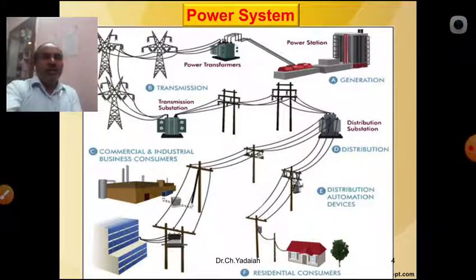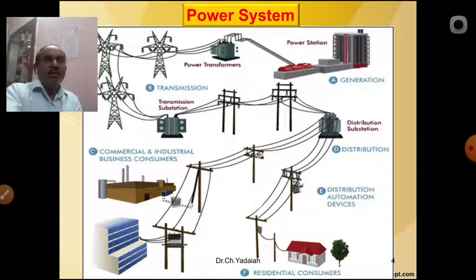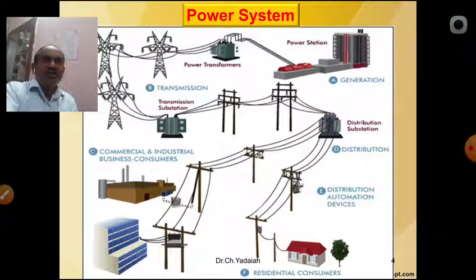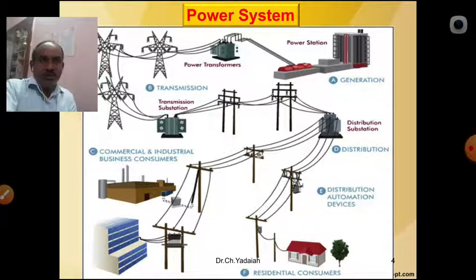Now you can see this power system diagram, where the power is generated by conventional and non-conventional energy sources. That energy is generated at low voltage, that is less than 33 kV.